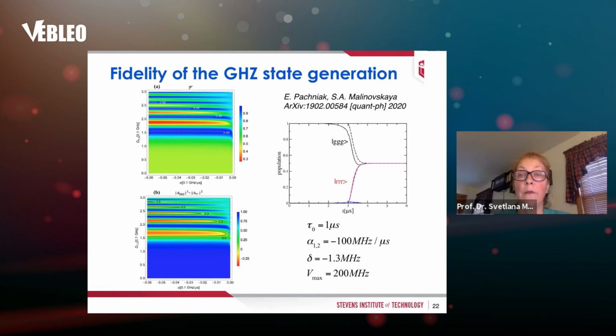Now, the right figure shows the dynamics of the creation of the GHZ state, which obviously shows adiabatic passage, and this dynamics occurs for the high fidelity 0.99 parameters presented here.